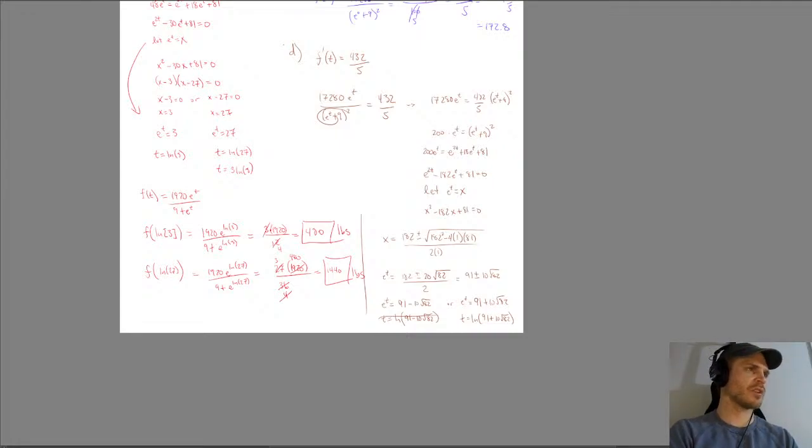So y minus 1 equals m, which we found was 432 over 5, 432 over 5 times x minus log of 91 plus 10 square root of 82.